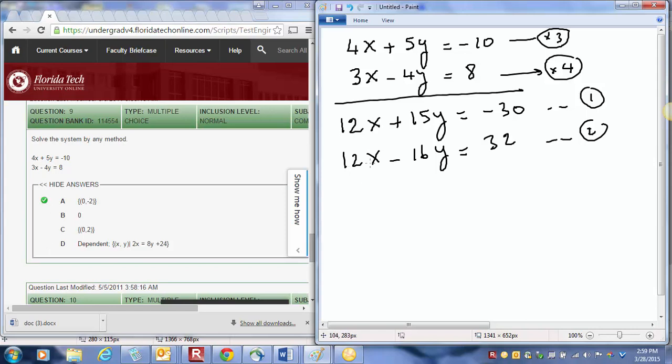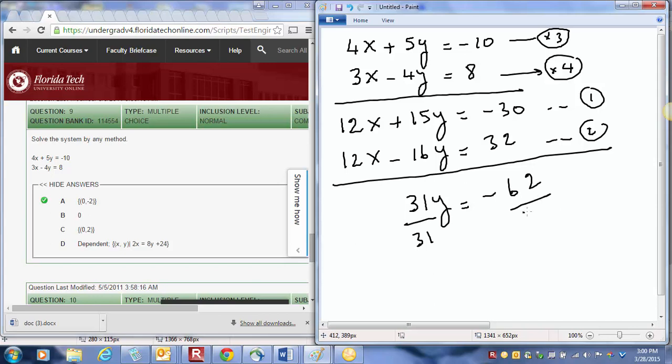So 12x minus 12x is 0. 15 minus negative 16 is plus 16, and that would be 31y. Minus 30 minus 32 would be minus 62. Divide both sides by 31, and then y would be negative 2. So we got y, we're going to substitute in the second one.